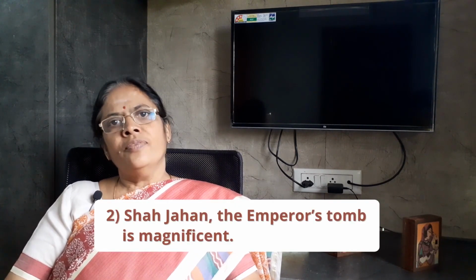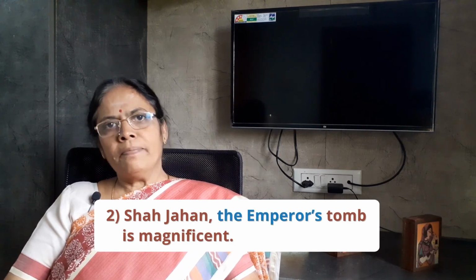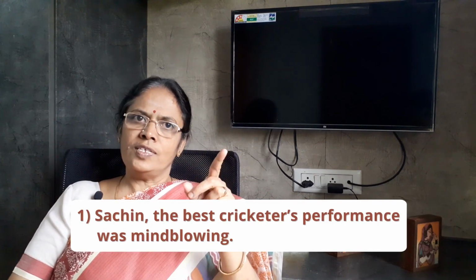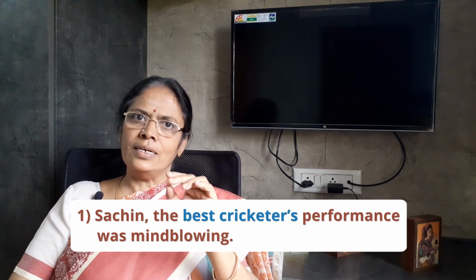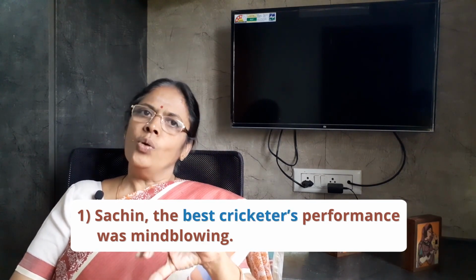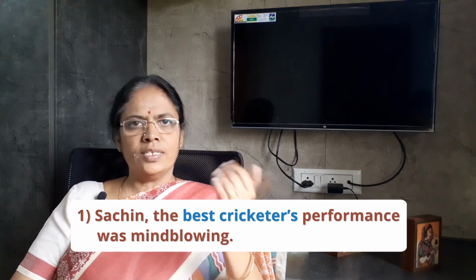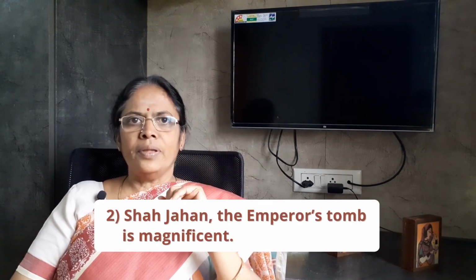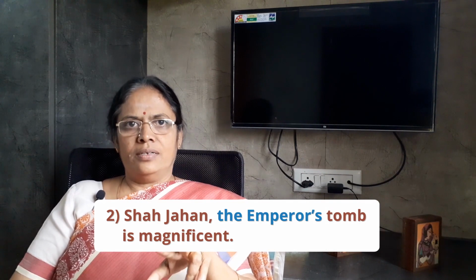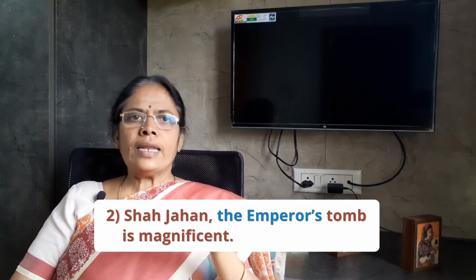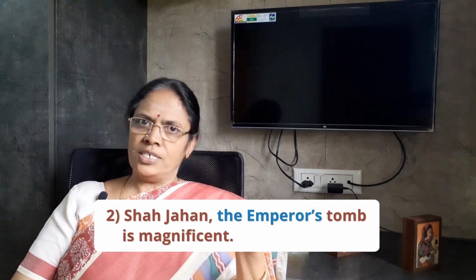Shah Jahan, the emperor's tomb is magnificent. So, in these two sentences, you can see which is the apposition noun. That is, in the first sentence, the best cricketer is the second noun which describes the first noun, Sachin. In the second example, the emperor, that is the second noun, describes the first noun, Shah Jahan.